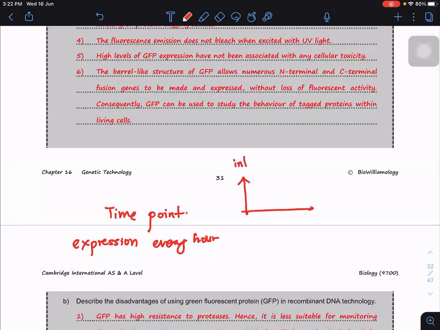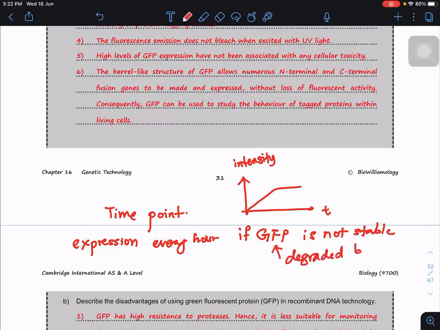Intensity of the green fluorescent protein versus the time. So you can see that there is an increase, correct? Let's say, for example, an increase. But the question here is, if this green fluorescent protein is non-stable, if I say if, and it can be degraded by protease.